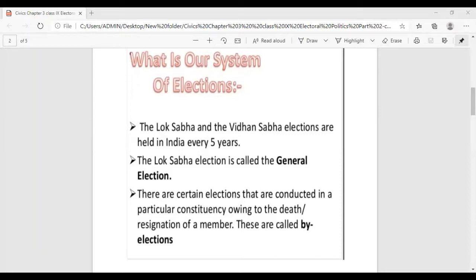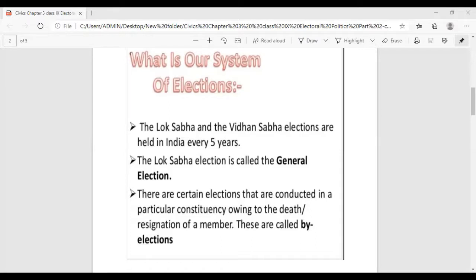In order to ensure an organized system of elections, the country or state is divided into constituencies. The bigger question is, how do we divide the country or state into constituencies? Let us take the example of Karnataka.